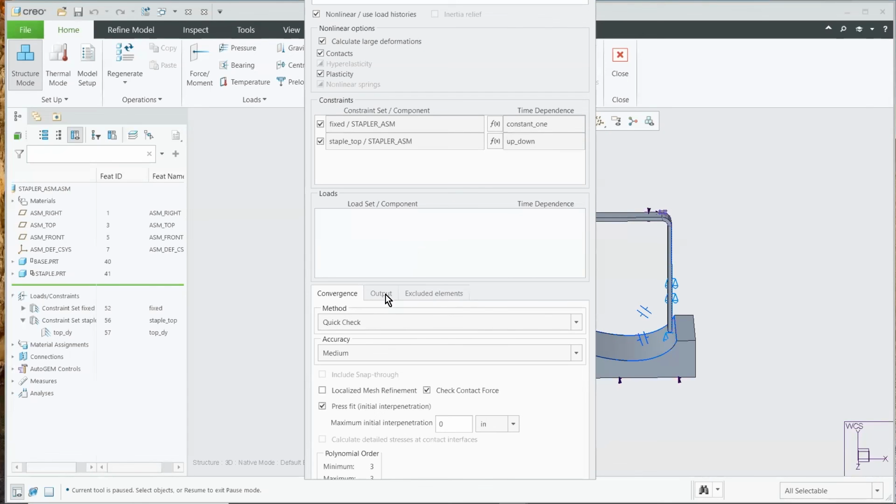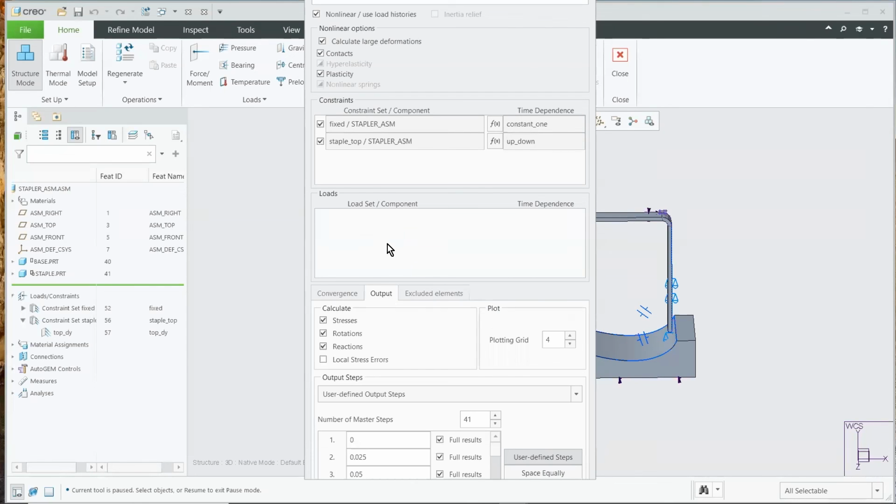Under output, I'm just going to go under here. And remember, when we're always doing nonlinear things, we specify how many times we want it to run. So in this case, we could say, let's just put in a different number. Let's say like 51 times or 60 or whatever. And we're going to say user defined. And then we're going to say space them equally. So here we can see the results.